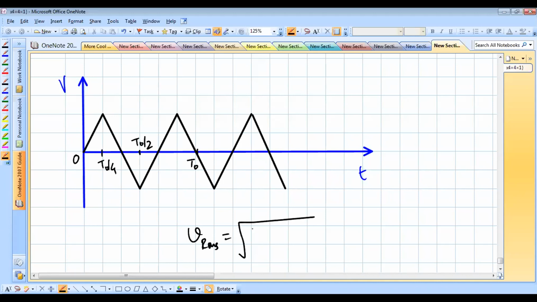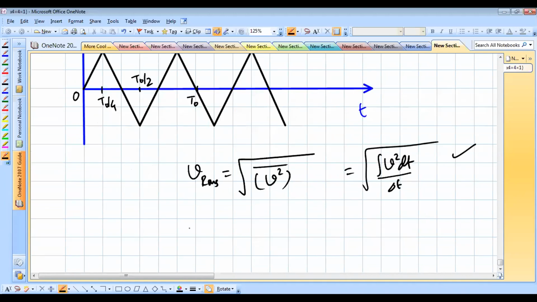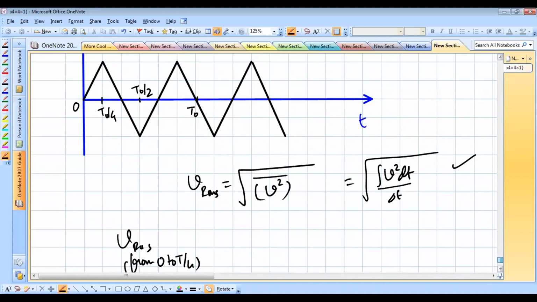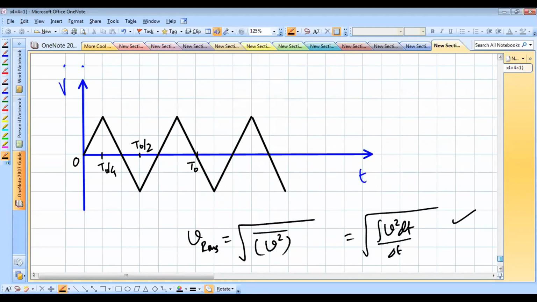So that is square root of mean of square, where that is basically square root of mean. How do we calculate it? By integration, whatever time interval we are calculating. So this is the method that we use. Okay. So here we want to calculate V_RMS from 0 to T by 4, just for that much time.